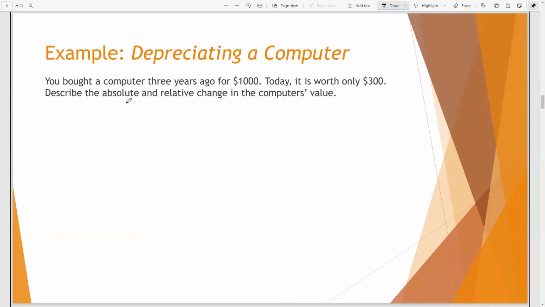And the next one, right? Depreciating a computer. You have a computer bought 3 years ago, that is 1,000.